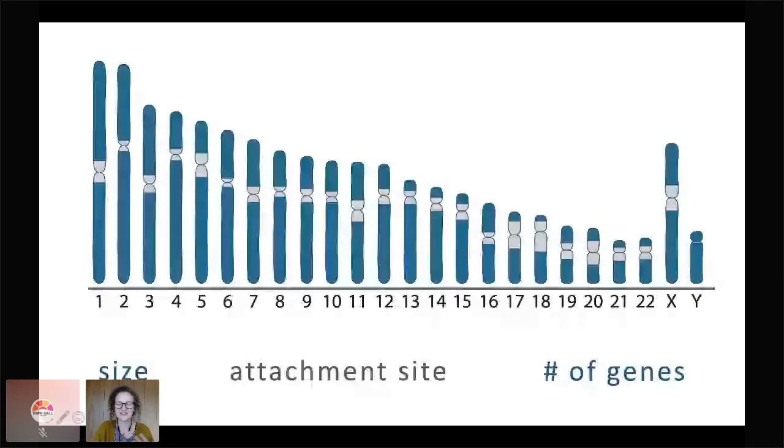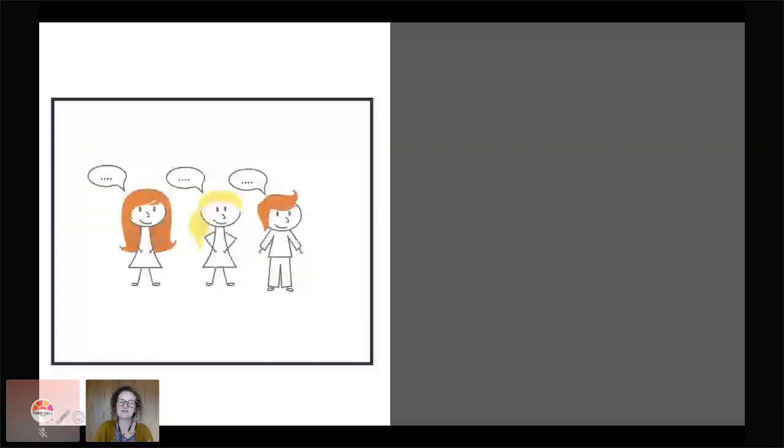So in order to understand how I'll do this, I want to once again have you think of chromosomes as people. So for this example, let's say we have three people inside of a room. Now we can look at these three people and see what features are similar between them. If we look at these three people, it looks like they're all quieter or more introverted, and that's something they all have in common.